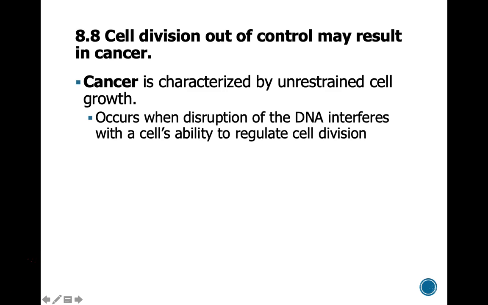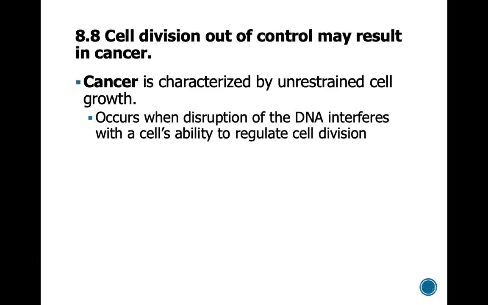So when everything's working normally, mitosis occurs, cell division is completed, and your cells go on their merry way. But sometimes the mechanisms that control cell division get out of control. When that happens, we get cancer. So cancer is a situation where cells begin basically in infinite cell division. They basically become immortal.